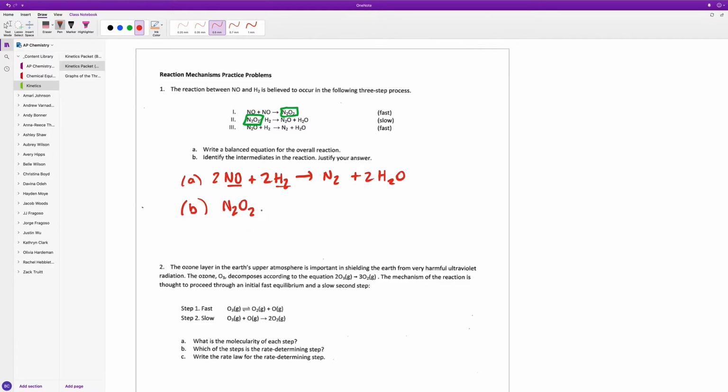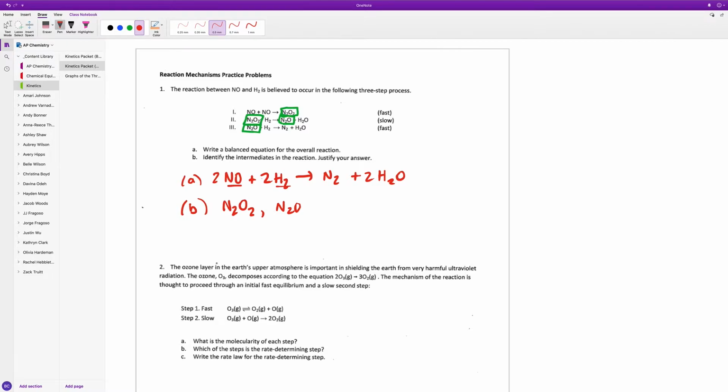Dinitrogen dioxide. And what else? Here's some dinitrogen monoxide generating in that step, getting consumed in the next step. So that is also an intermediate. Okay? And in this particular mechanism, everything that canceled out from earlier, those very things, are the intermediates.